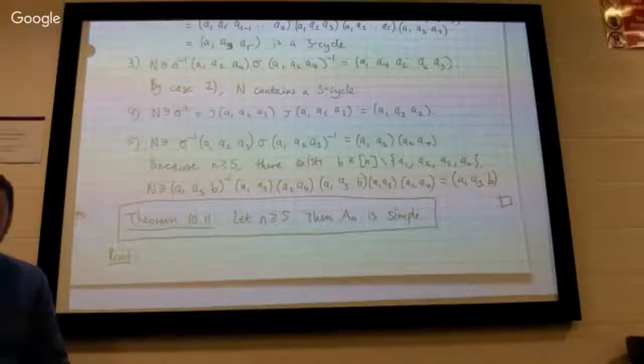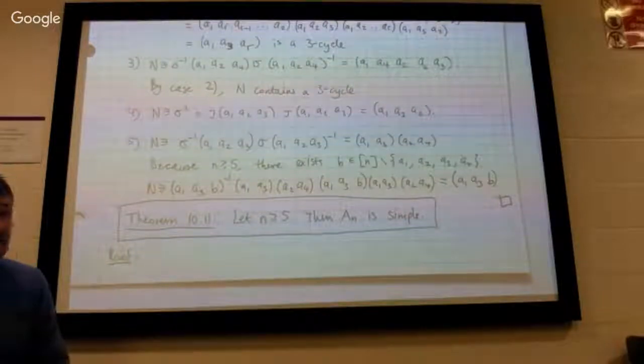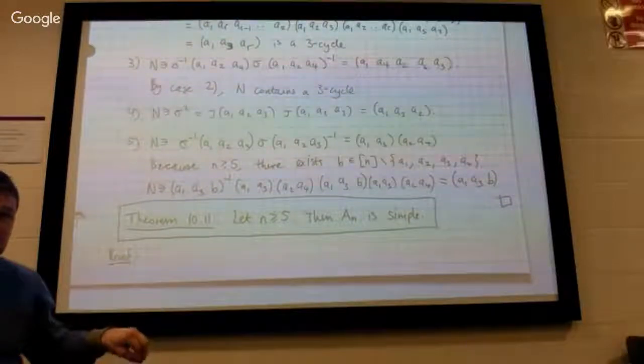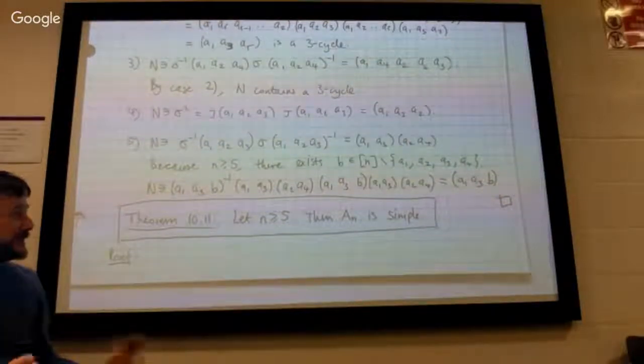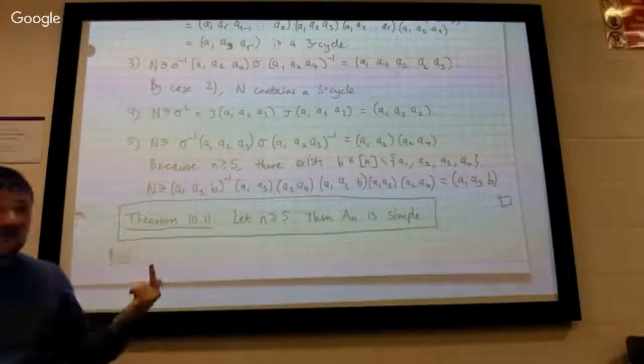For a group, that means it's a normal subgroup. But for a group to be simple, it means that its only normal subgroups are the identity, the one element subgroup, and the whole group itself. So we want to show that any normal subgroup is one of these 2 cases.